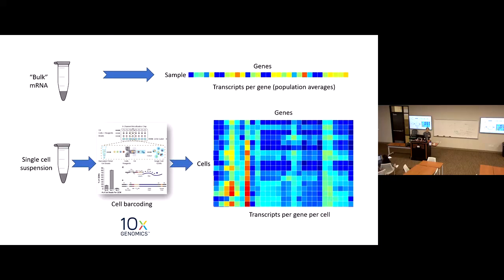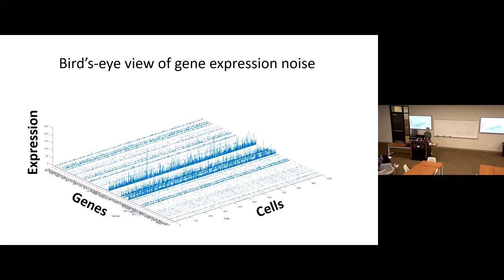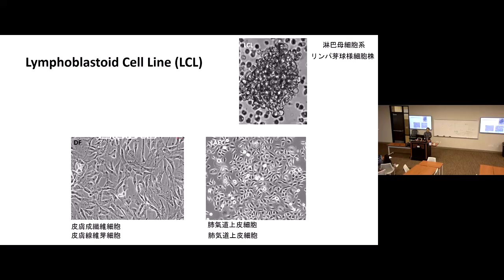So we put his idea to the test, because we have this system that can generate a lot of cells. We used several example datasets downloaded from a lymphoblastoid cell line, the LCL, which is cultured cells in my lab.